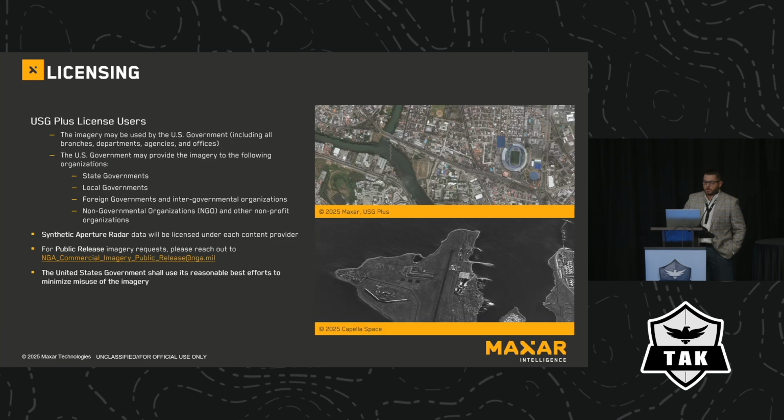So talking about the licensing and who this content can and cannot be shared with. It can be shared out with state governments, local governments, foreign governments, and intergovernmental organizations, as well as other nonprofits and non-governmental organizations. All the content that's collected and shared on the website or on the user interface is covered under this USG Plus license.